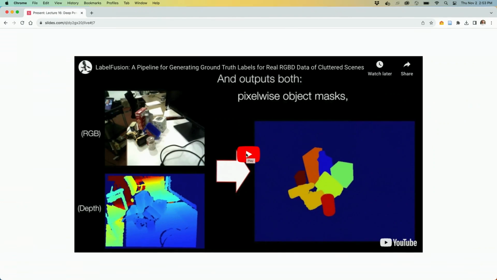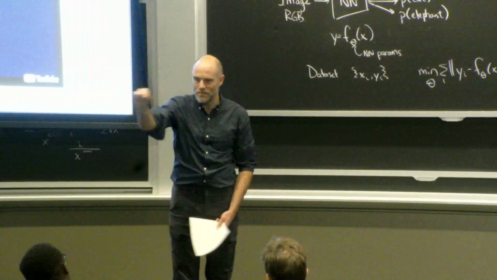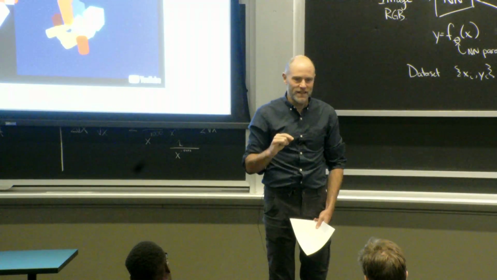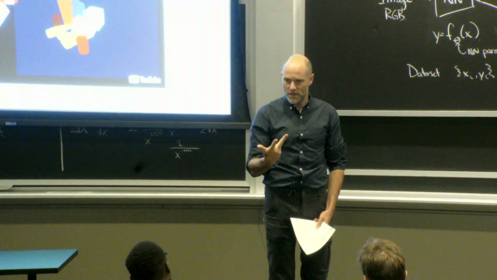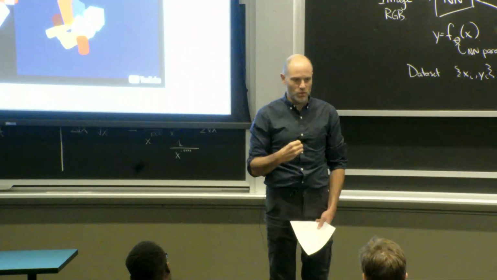The way it did it is we would move a camera around the scene and generate a 3D model of the scene. Those tools have gotten even better with NeRF and Gaussian splatting now, but already we could build a nice model with ElasticFusion in those days. Then in that 3D point cloud, we would have a model of, let's say, the drill, and we would ask the human to click 3 points on the drill model, 3 points on the point cloud, and that would solve this hard global correspondence problem, but take very little work from the human.